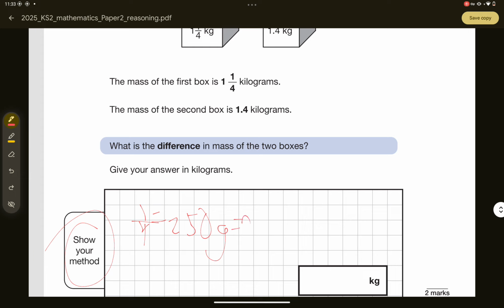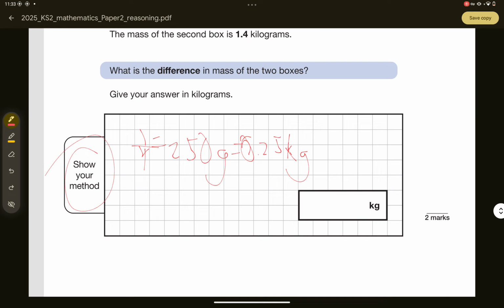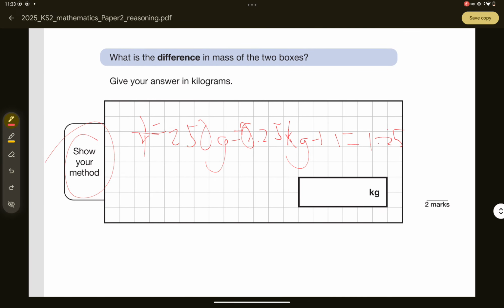So anyways, 1/4 equals 250 grams, which equals 0.25 kilograms. And then plus the 1 equals 1.25. And then 1.4 minus 1.25. So add a 0 here because you need it.